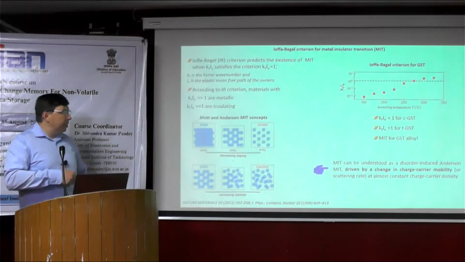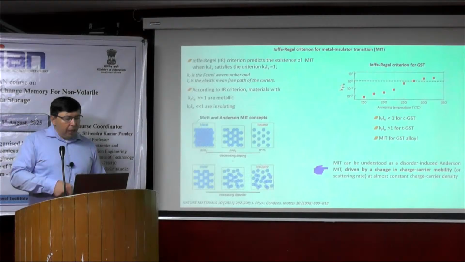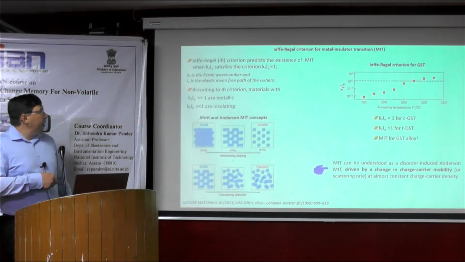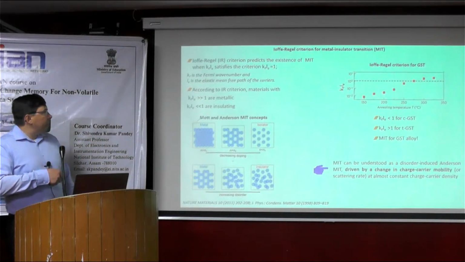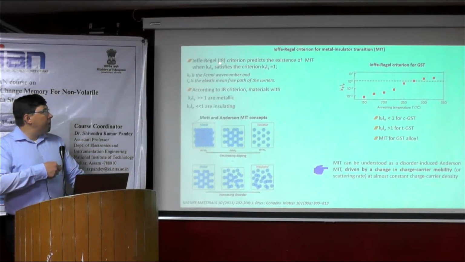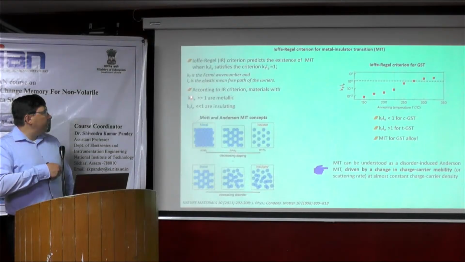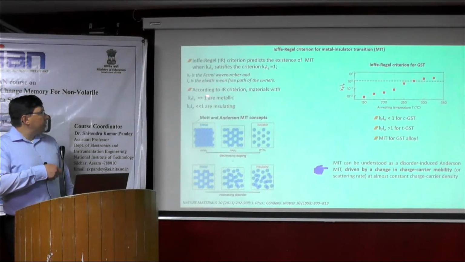Here k_F is the Fermi wave number, and lambda_E is the elastic mean free path of the carriers. According to this criterion, if k_F lambda_E is larger than 1, then the material is metallic.